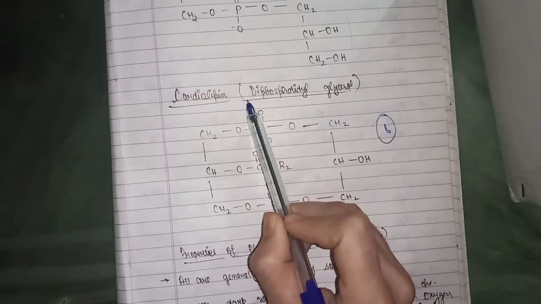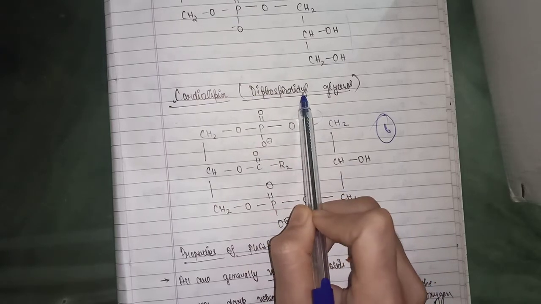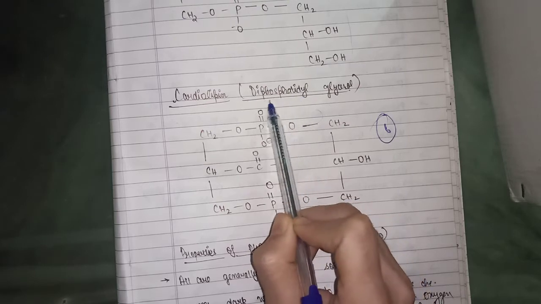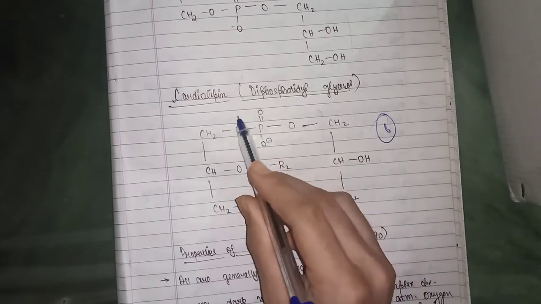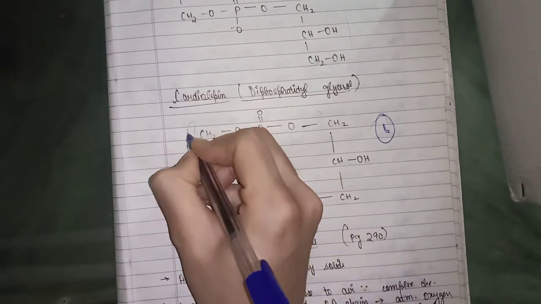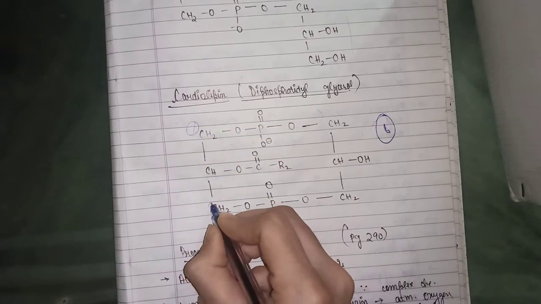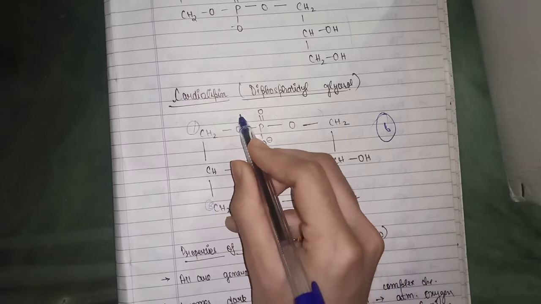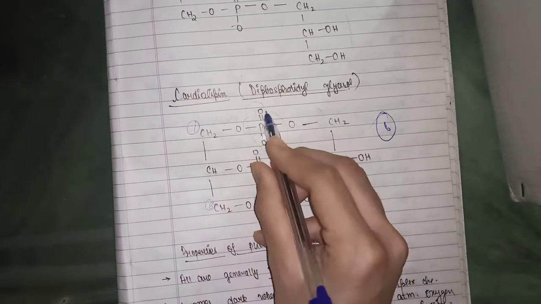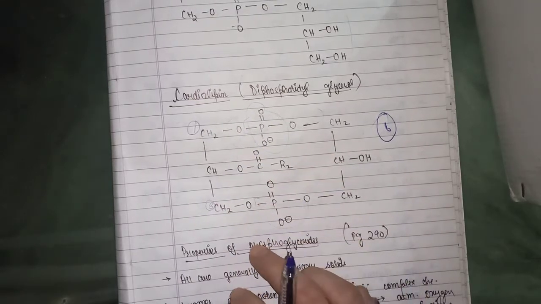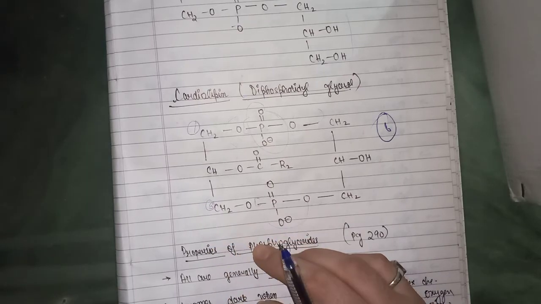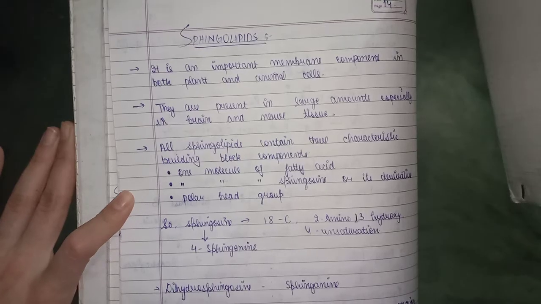Why diphosphatidyl? Because at the first position and at the third position, the OH group has been replaced by phosphoric acid.